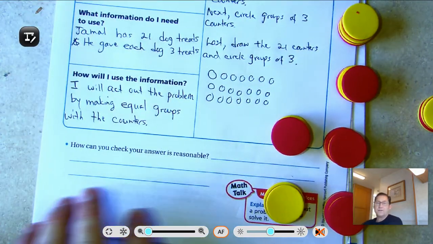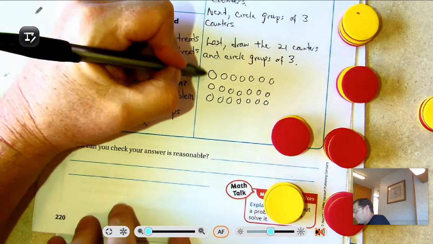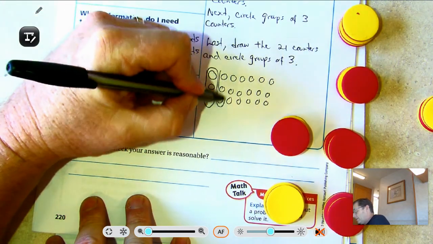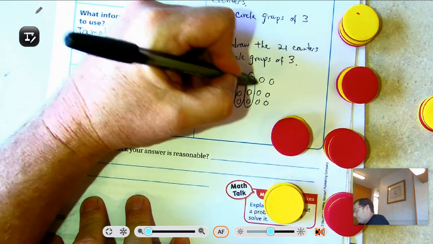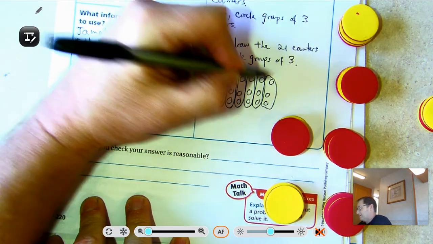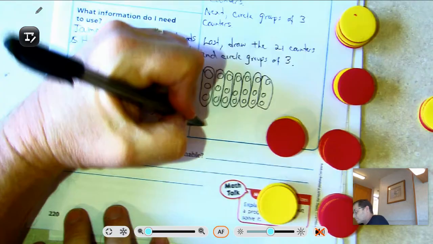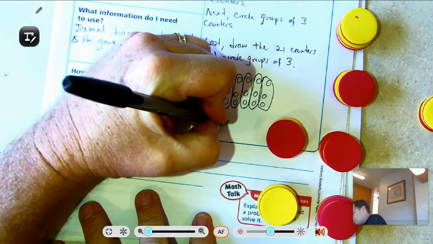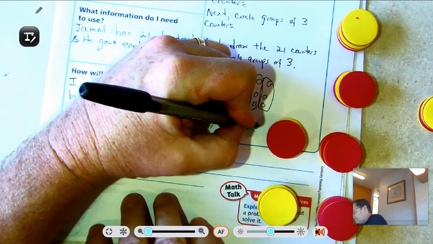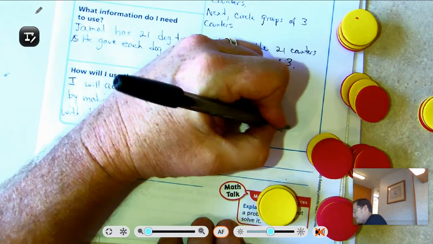All right, so there's my 21 counters, and I'm going to circle groups of 3. 1, 2, 3, 4, 5, 7. So Jamal feeds 7 dogs.